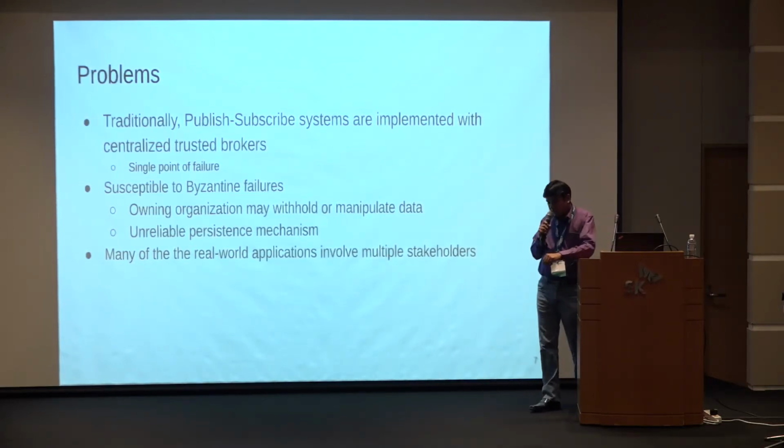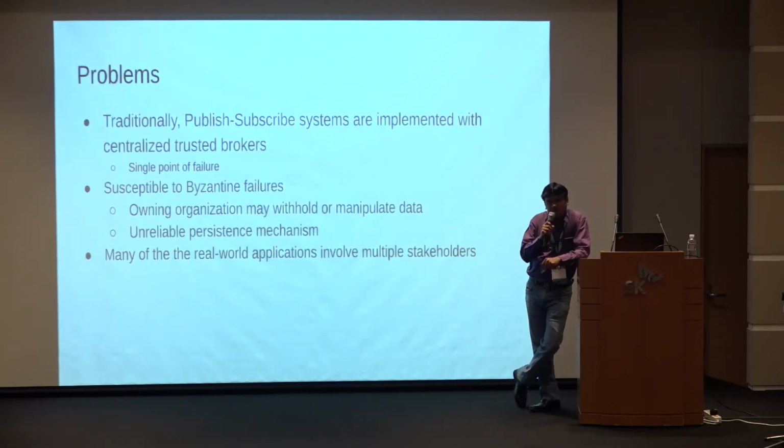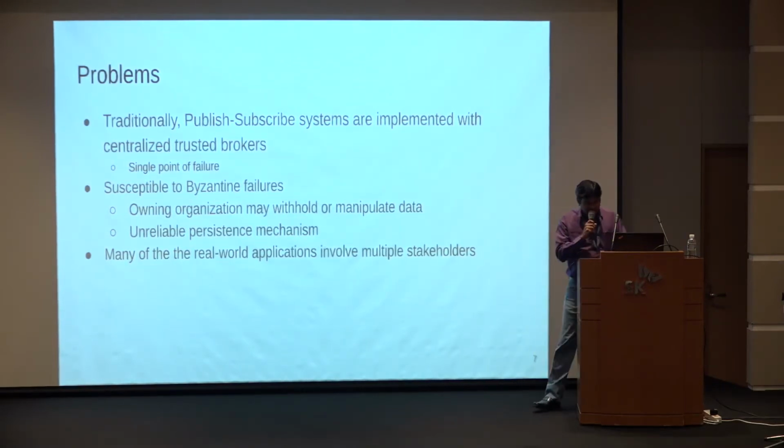But if you look at many of the real-world applications, I don't know how many of you attended the tutorial sessions yesterday, we repeatedly heard about the supply chain use cases and the number of stakeholders involved in them. In many real-world applications, you typically encounter various stakeholders who have some sort of a stake in the application.